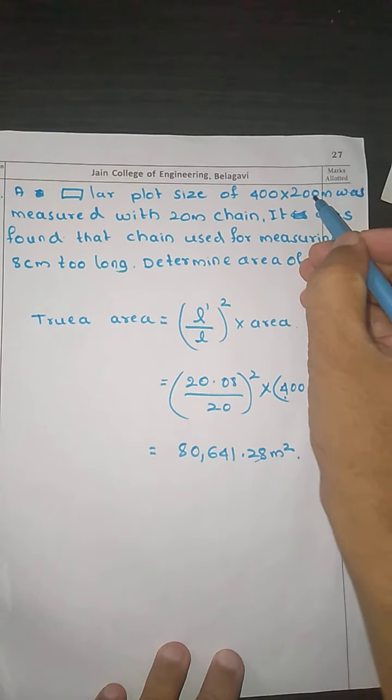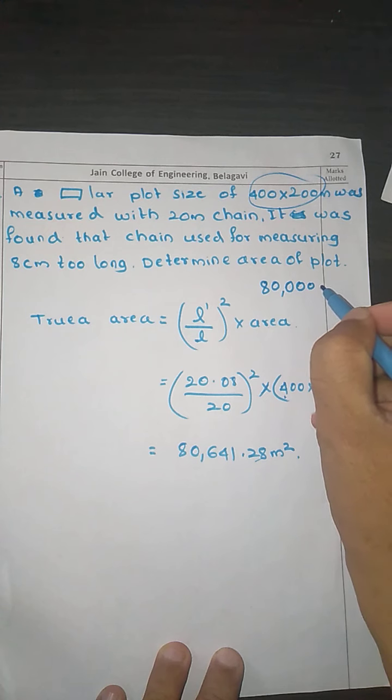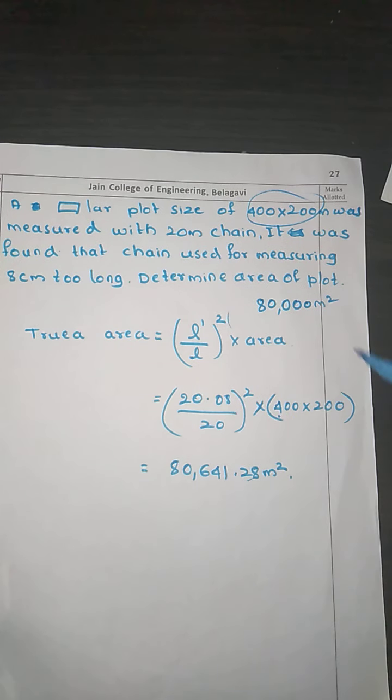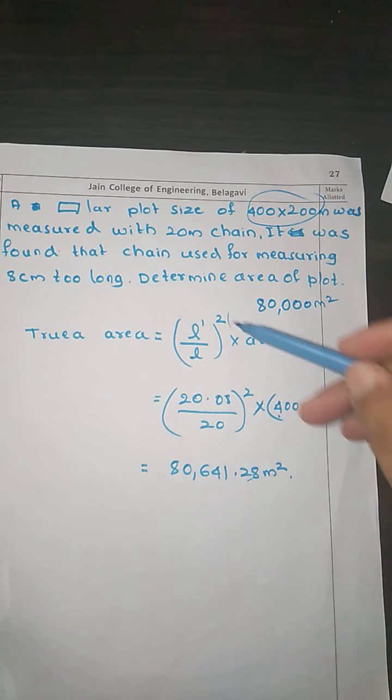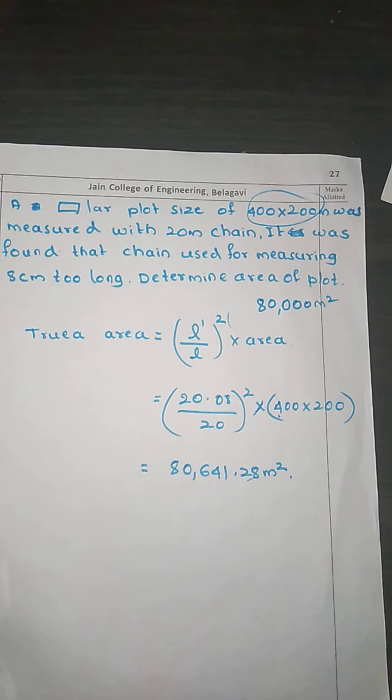For 400 into 200 it would be 80,000 square meter, but it has been measured with the faulty chain. So the area corrected for the faulty chain is 80,641.28. So these are the formulas with respect to the incorrect chain length.